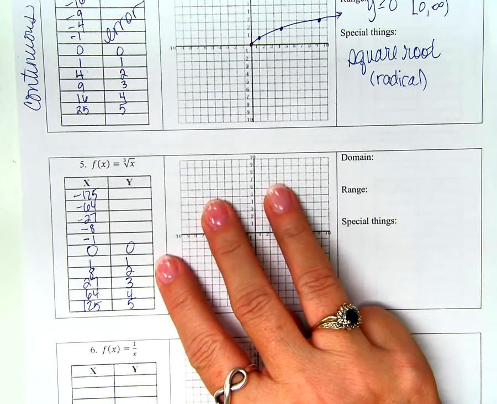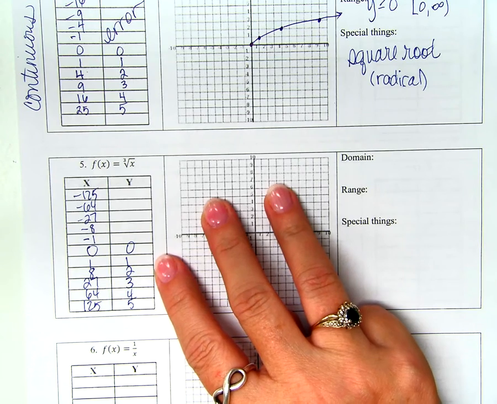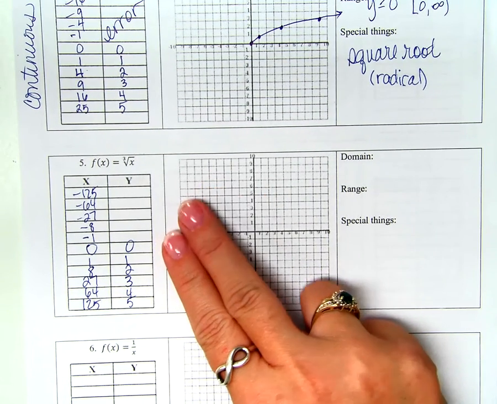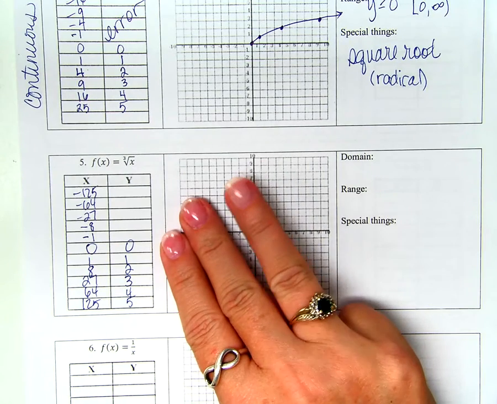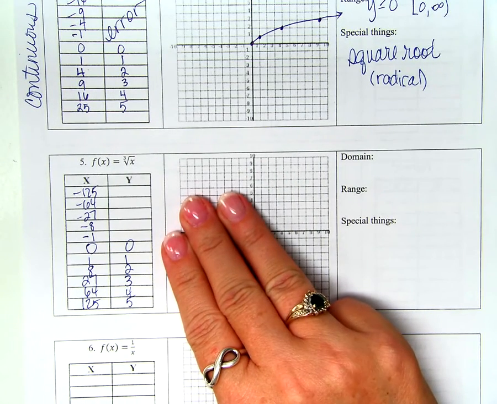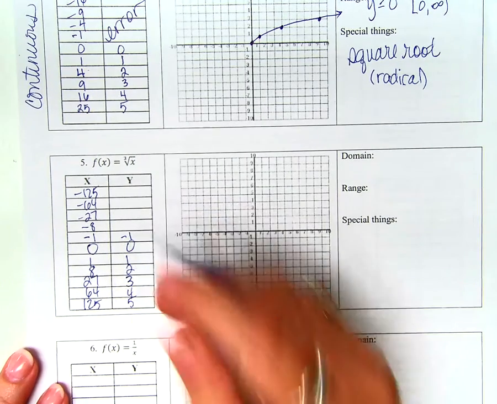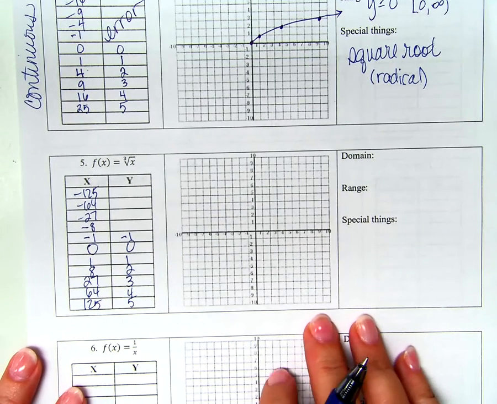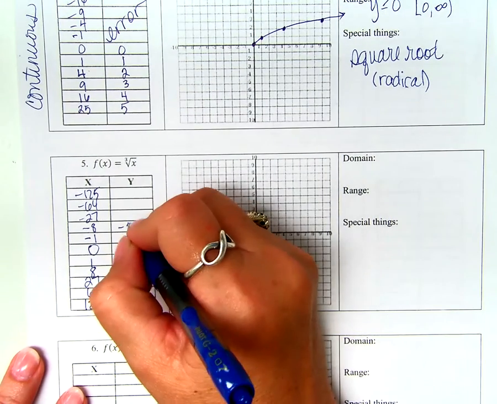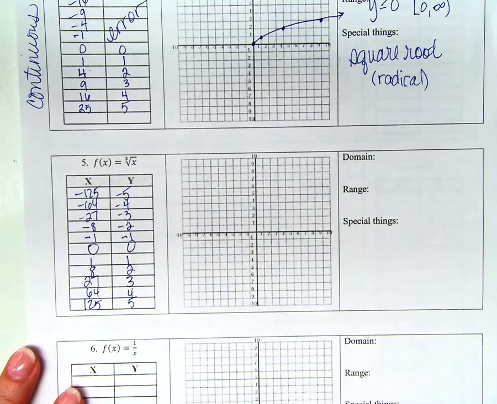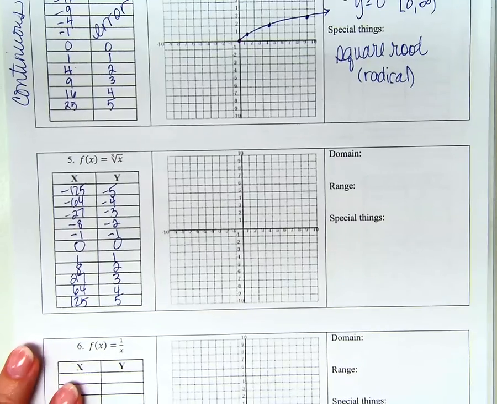Negative 1 times negative 1 is positive 1, times negative 1 is negative 1. Can you take the cube root of a negative number? Yes, negative 1. So what's the cube root of negative 8? Negative 2, negative 3, negative 4, and negative 5. Now we've got to graph those.